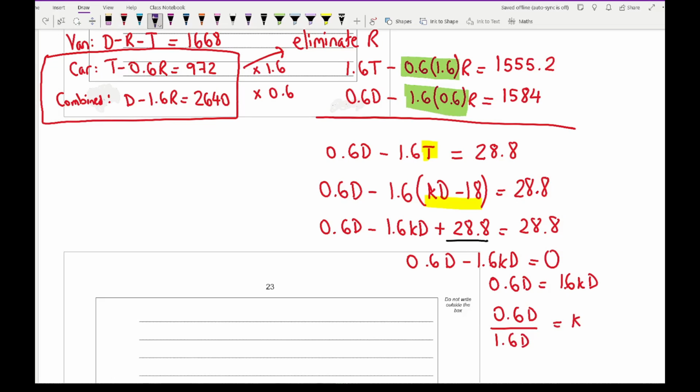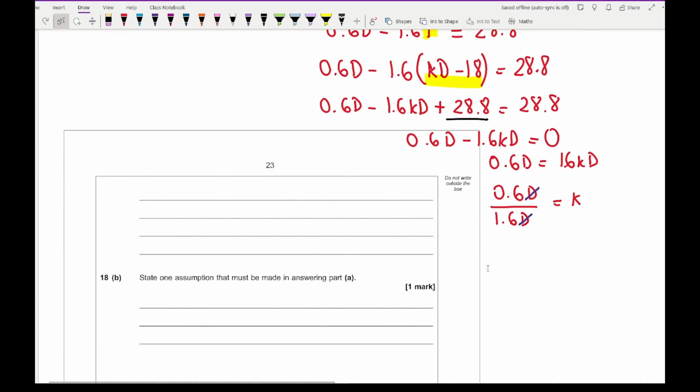The letter D will cancel with each other, leaving 0.6 over 1.6, and that has a value of 3/8.